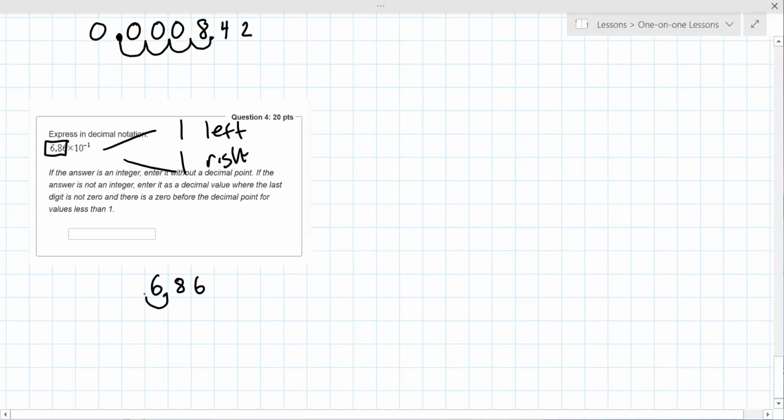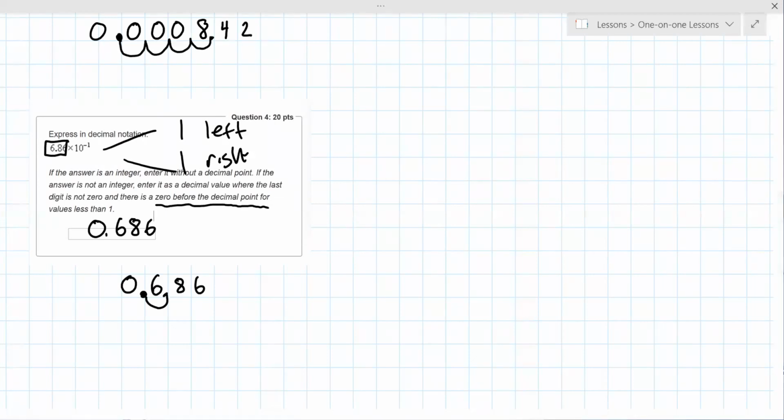So you go left one, you put the decimal there, 0 in front, 0.686. Is that what you got? I got the 0.686, just forgot the 0. The only reason you put a 0 in there is because it tells you that when you're entering it, not because of anything else.